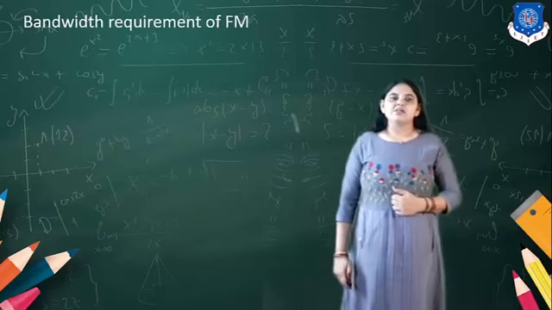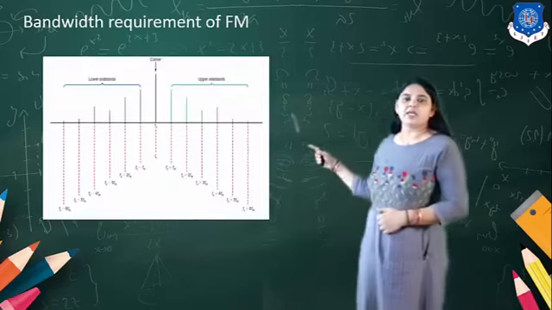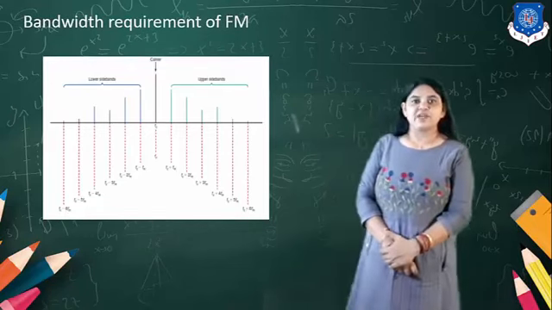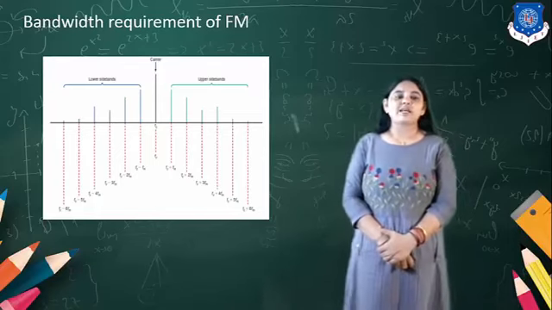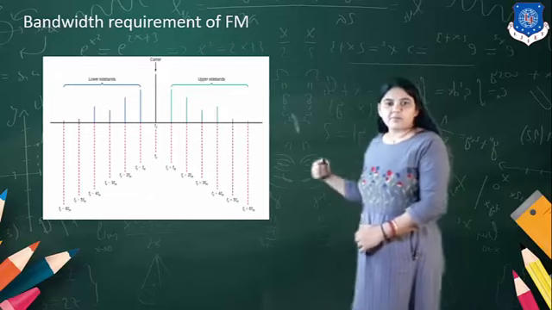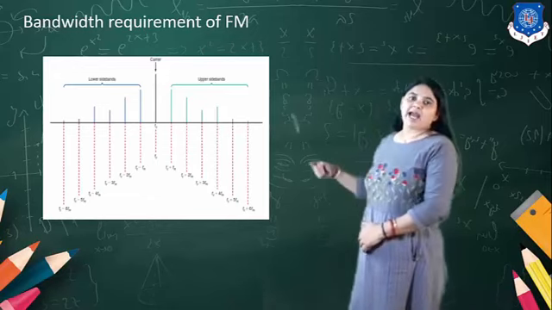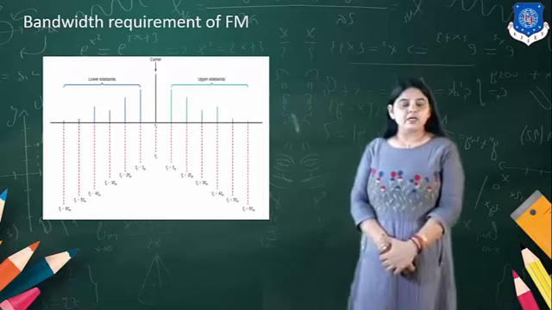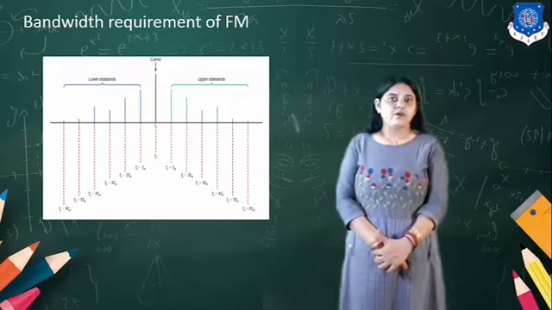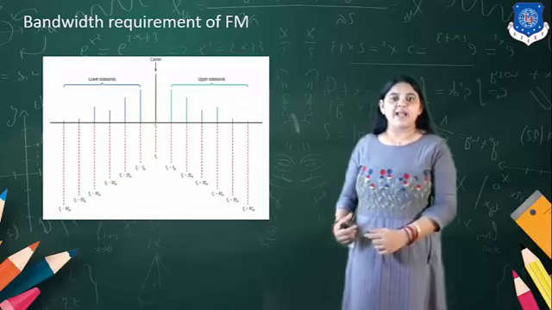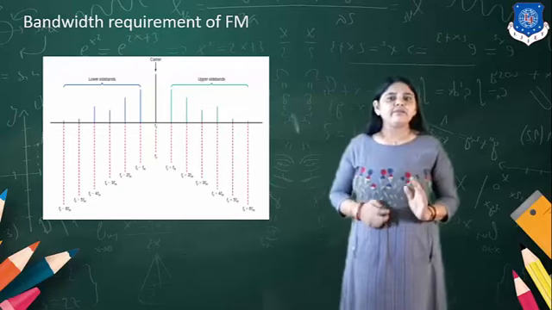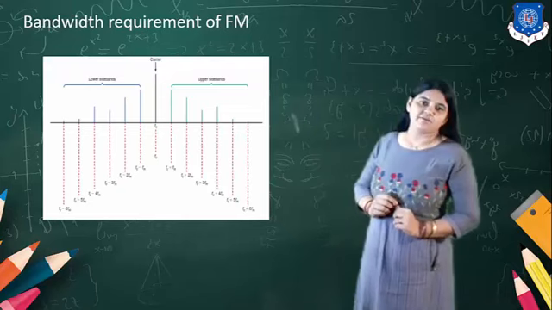Now we can see that this is the frequency spectrum of the FM wave, and it consists of a number of sidebands and the carrier. If we assume that all the signals are sine waves, then all the sidebands combine and make one FM wave.